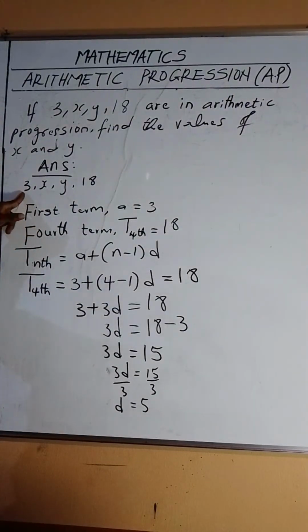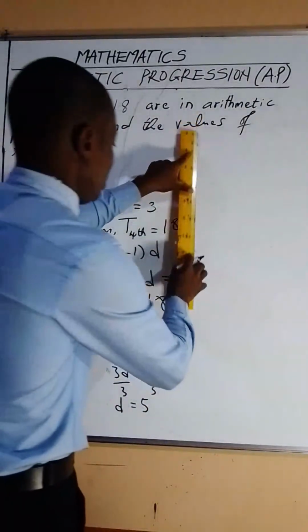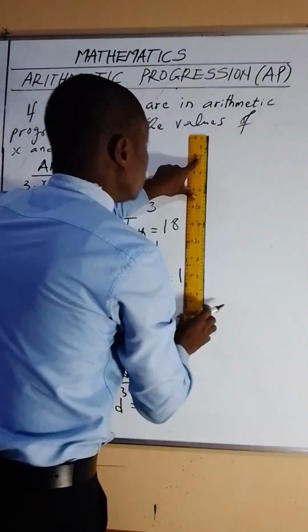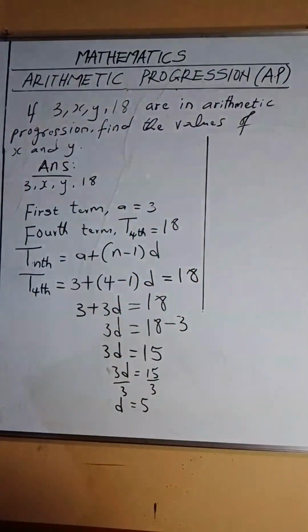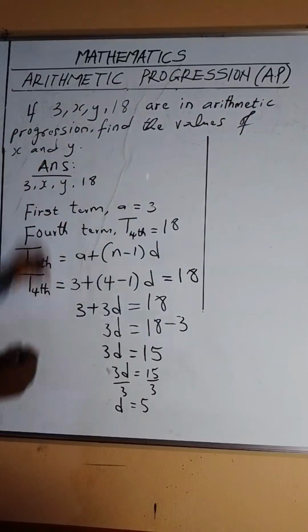This is 3, for instance. So x will now be 3 plus 5. So x is 8. Then plus another 5, which is 13. Then plus another 5, that will give us 18. So this is 13, this is 8. All right. So this is what we are going to get as our answers. From here, x, remember we are told to find x.